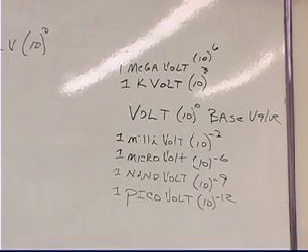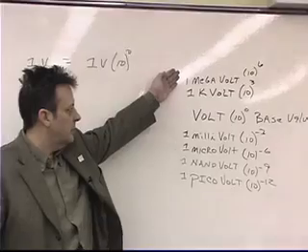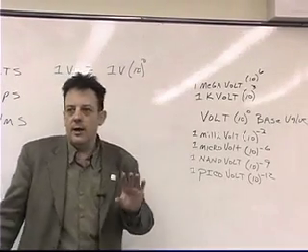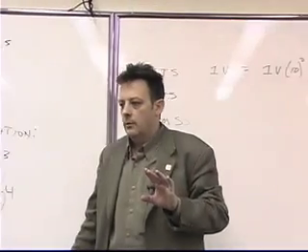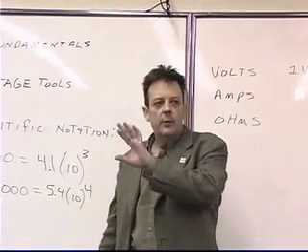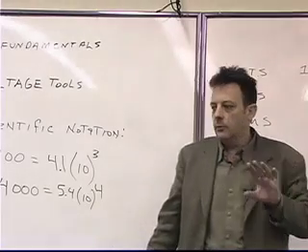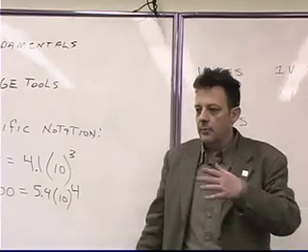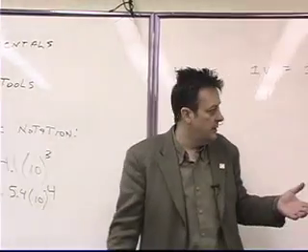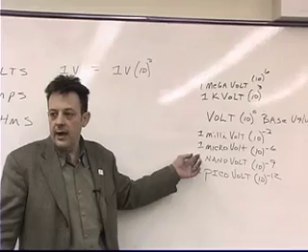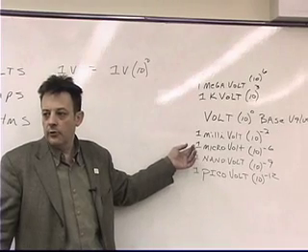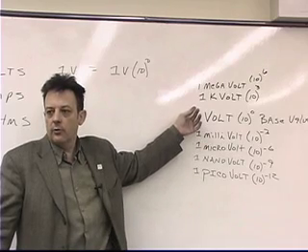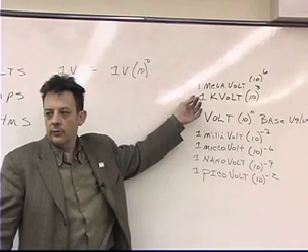So this is how we use the metric system to simplify the number of units that we have to write out to accurately represent how many volts we're dealing with. Sometimes with capacitors, we deal with picovolts, nanovolts, microvolts, millivolts, volts, kilovolts, megavolts.